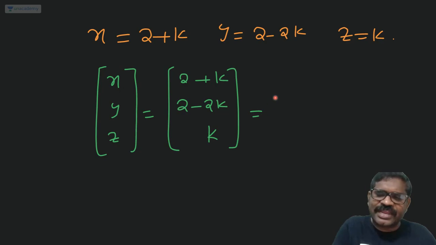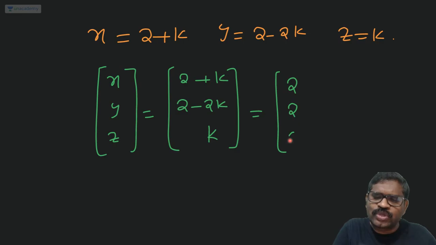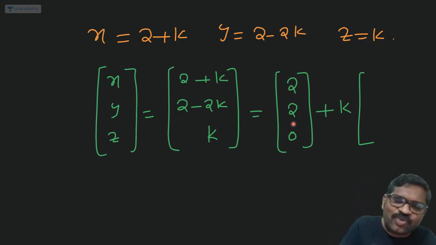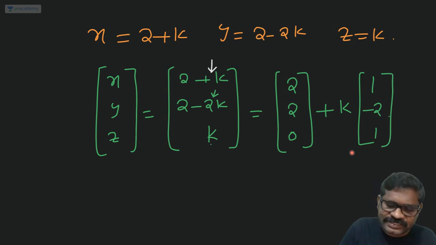This can be written as, concentrate here, 2, 2, 0 plus k into the coefficients of k. What are the coefficients of k here? 1. Here minus 2. Here 1. Like this.